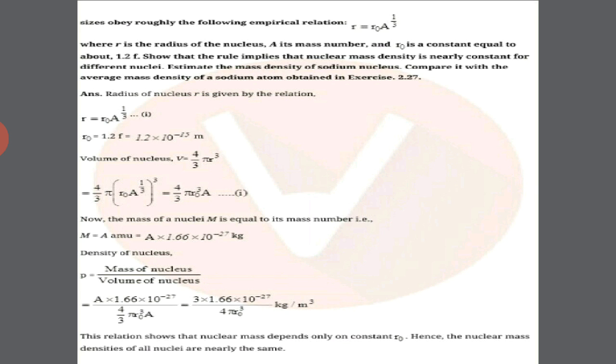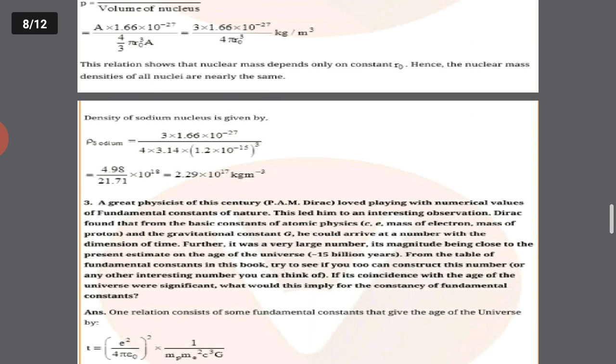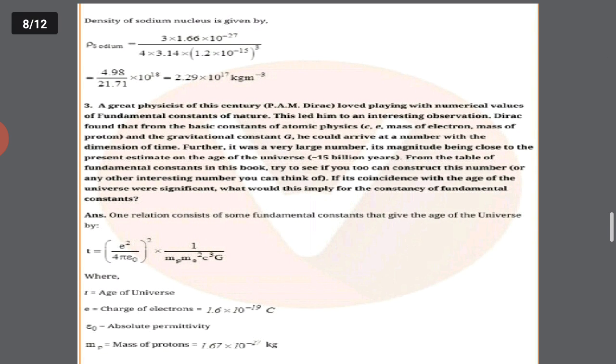Hence, the nuclear mass densities of all nuclei are nearly the same. So the density of sodium nuclei will be given as rho sodium is equal to, put the values which are required over there. Then it will become 2.29 into 10 to the power 17 kilogram meter minus cube.